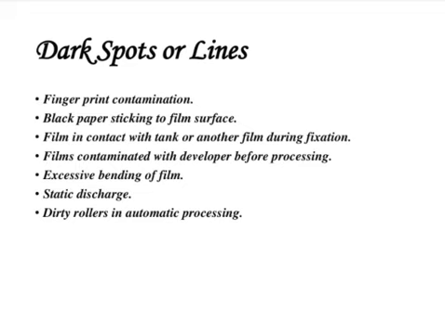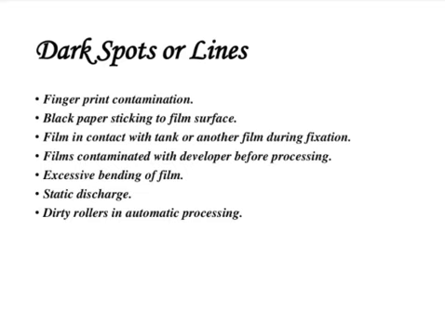Now, coming to the dark spots or lines in the radiographs. The reasons for dark spots or lines are many, like fingerprint contamination, or black paper still stuck along with the film when you were processing. You forgot to remove the black paper, then you also get a dark image.